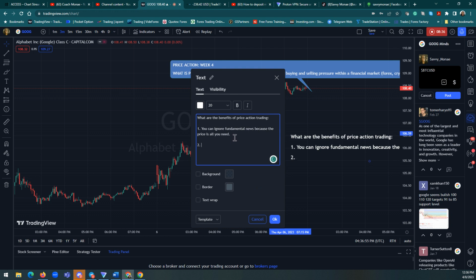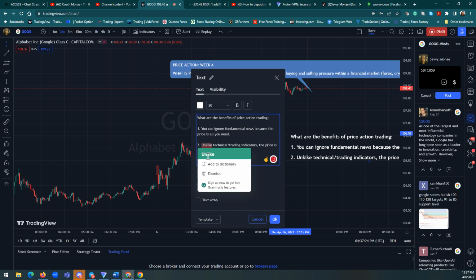Two, unlike technical or trading indicators, the price is the price. My typing skills are getting horrible. But that's okay, guys. We're going to focus.